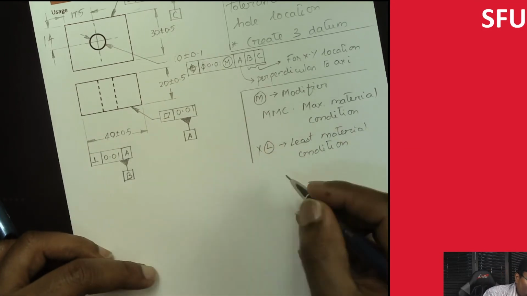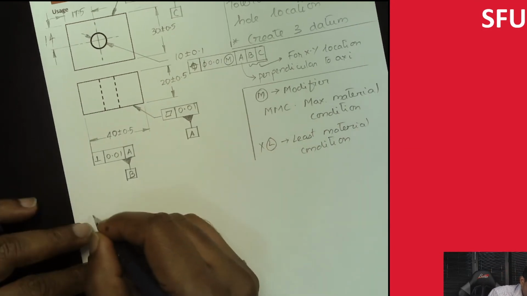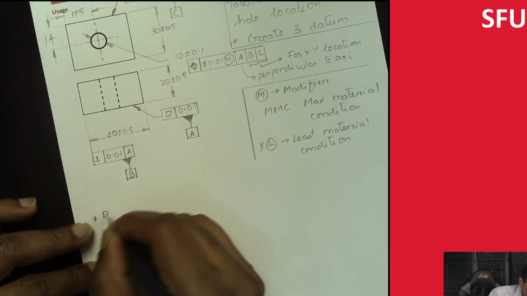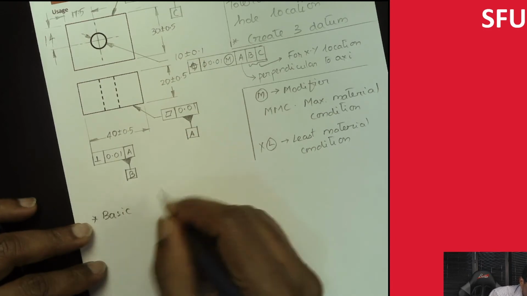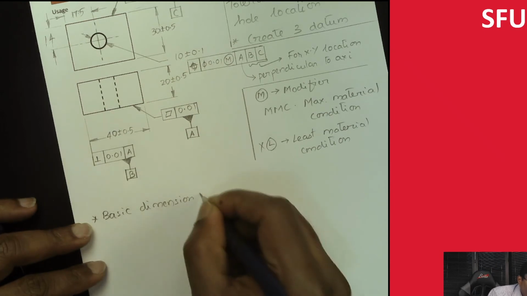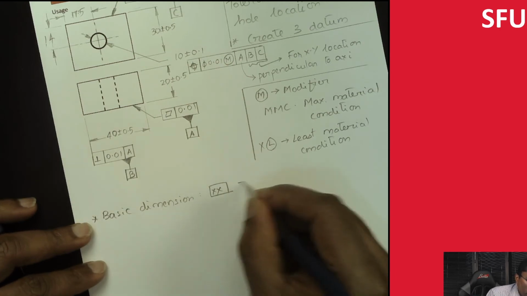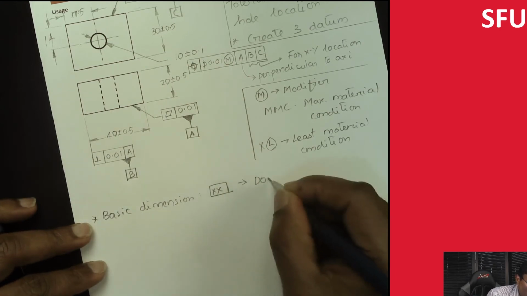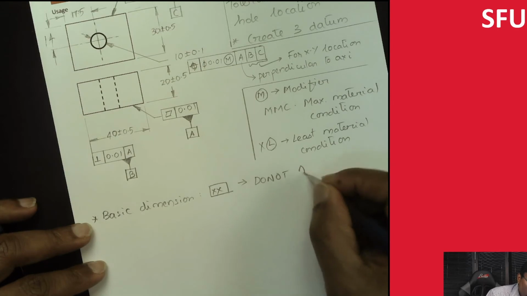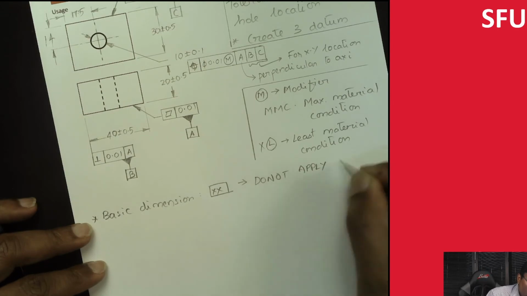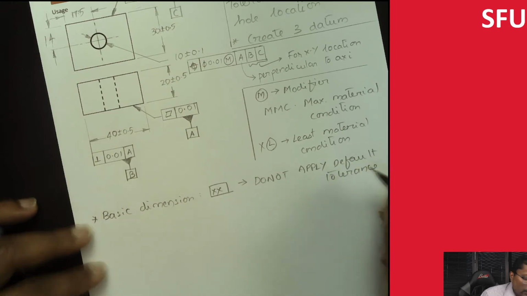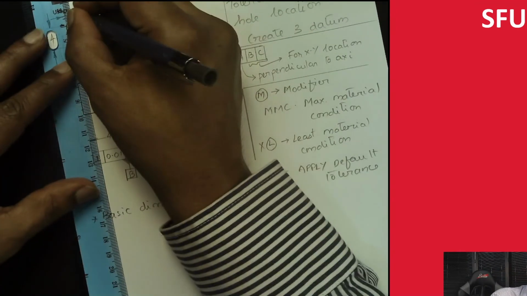So then what we do is we use what's known as a basic tolerance. We basically have a box around the number. This basically means do not apply the default tolerance. So in this case we put a box around these numbers.